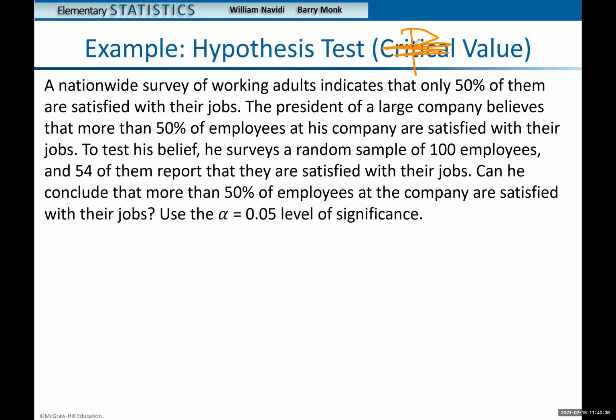Can he conclude that more than 50% of employees at the company are satisfied with their jobs? Use the alpha equal to 0.05 level of significance. All right, thank you. With this example, how about you try it first on your own? I'll give you time. Give it a try.